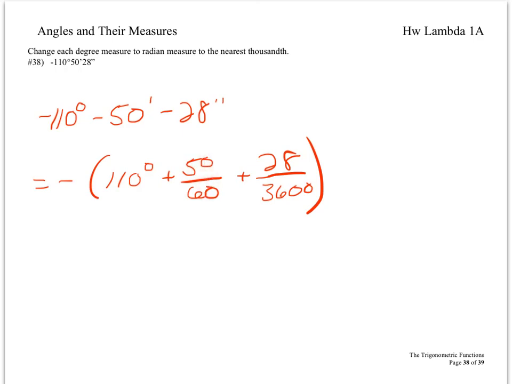Dividing 50 by 60 converts that into degrees. Dividing 28 by 3,600 converts that to minutes and then degrees. So these are all degrees, which we could write just one time on the outside of the parentheses.